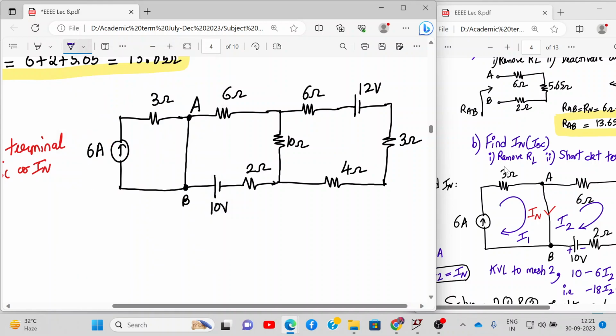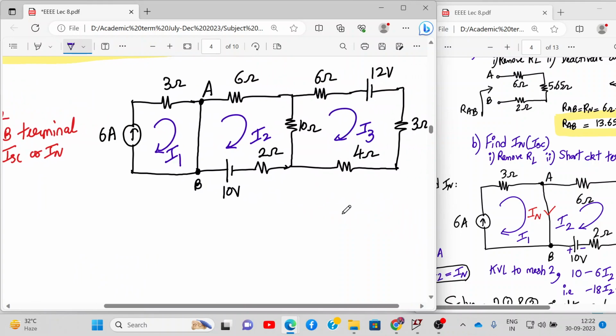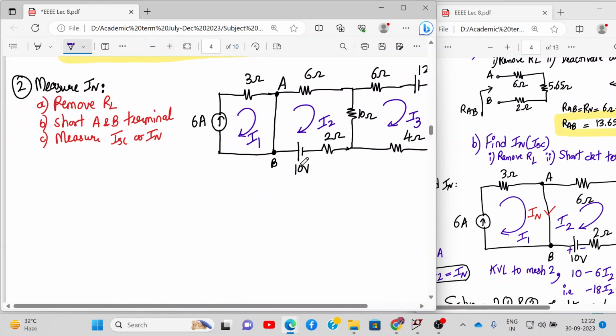Mesh analysis simply. So this is loop number 1. This is I1. I'm denoting the current I1 in this direction, I2, and this is I3. So if you look carefully over here, current I1 is basically directly 6 amperes.